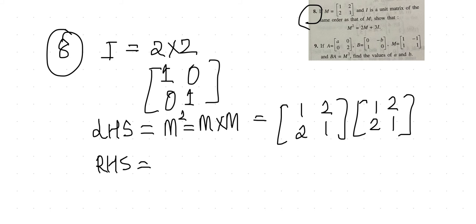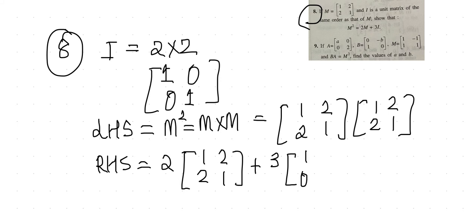You will be multiplying 2 with 1, 2, 2, 1, and then you will be adding 3 times of 1, 0, 0, 1. And then you have to prove that the values of both LHS and RHS are same. Okay, so this question is an easy one again, children, and you can be taking this as homework as well.